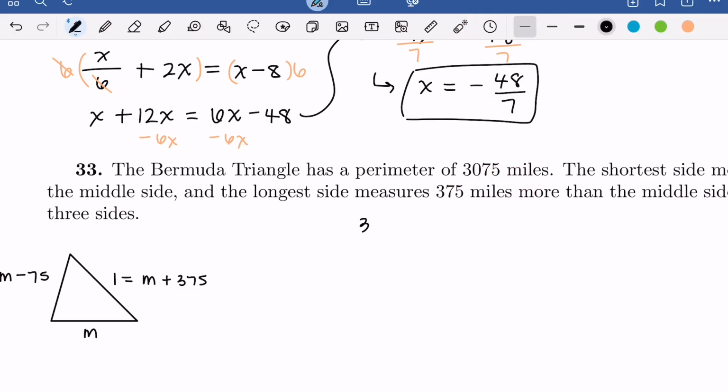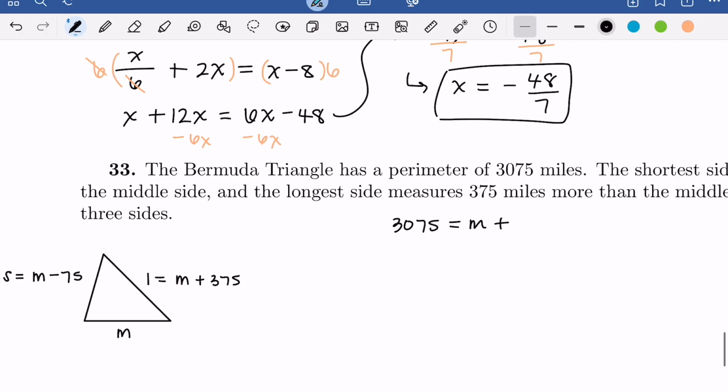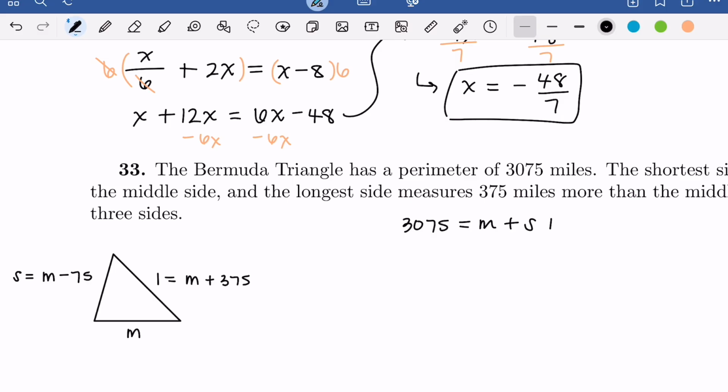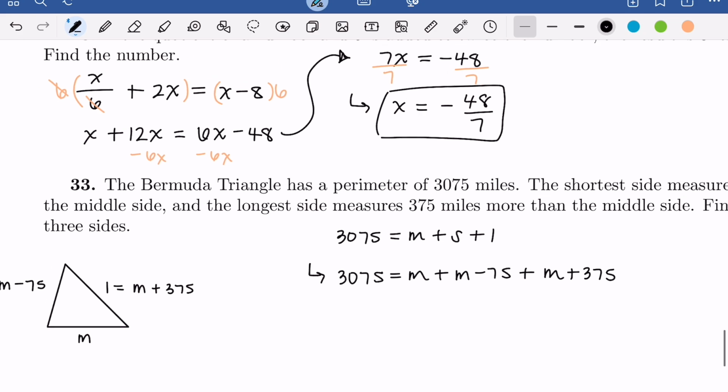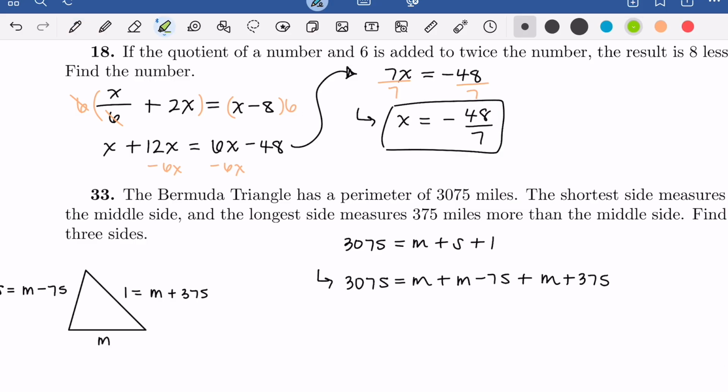We're going to add the middle side plus the shorter side plus the longer side. So plugging in our known information, we're going to have the middle side plus our shorter side plus our longer side. So from here, we can combine like terms and simplify this.